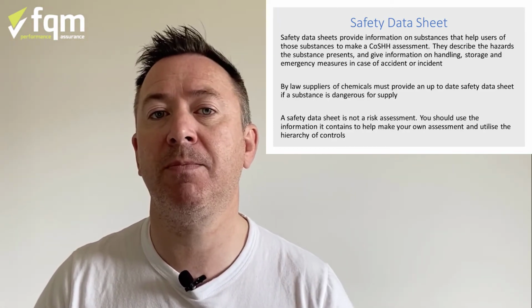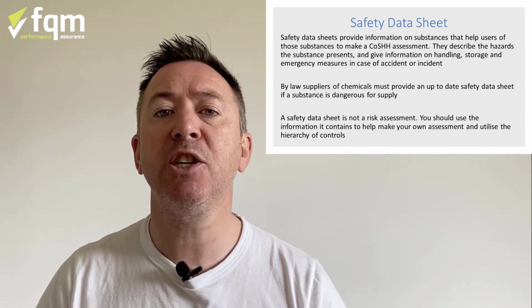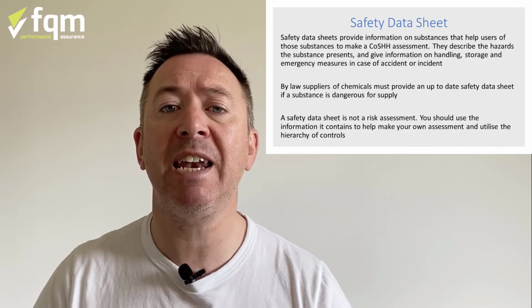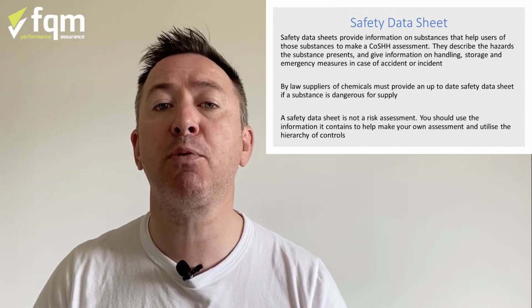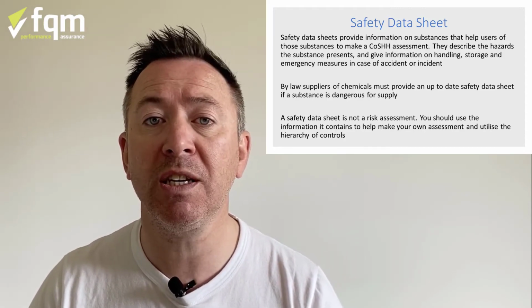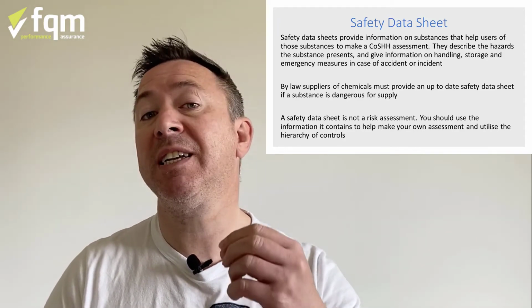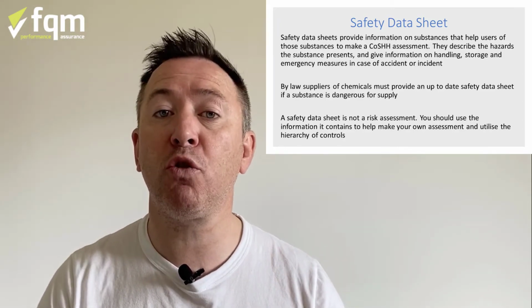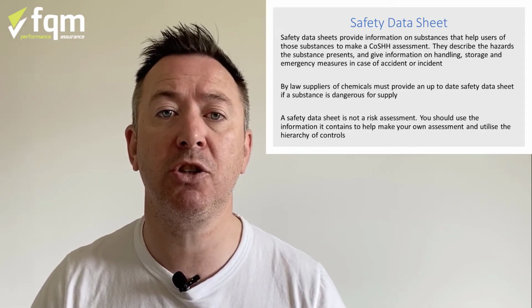That's not correct. The safety data sheet is provided to give you information and educate you so that you can carry out the appropriate assessment using the COSHH methodology, using a COSHH assessment template, so that it's set up and the controls are in place appropriate to your organisation.